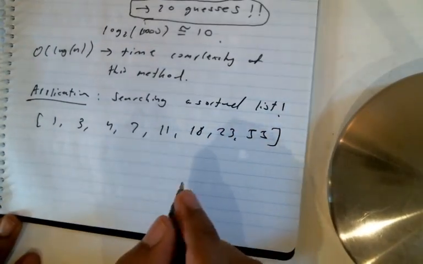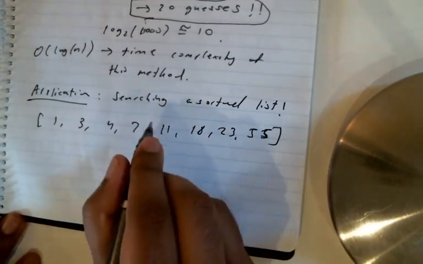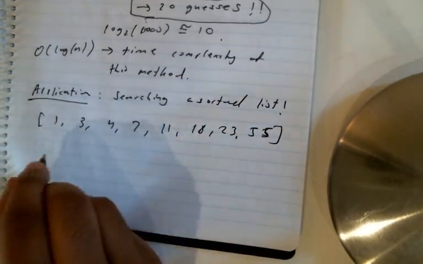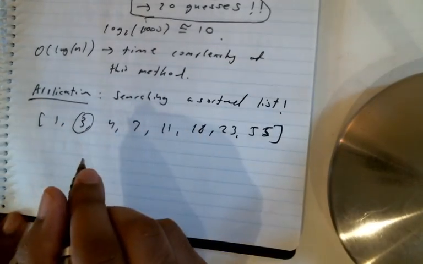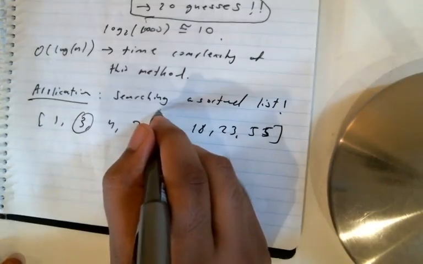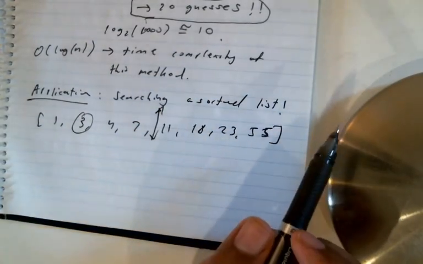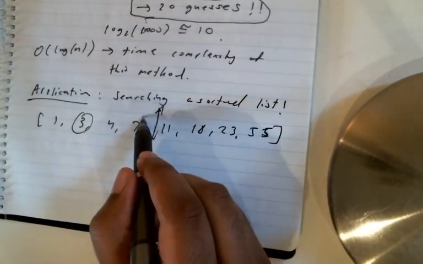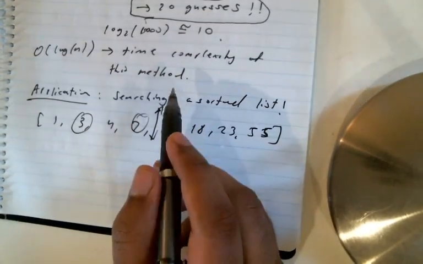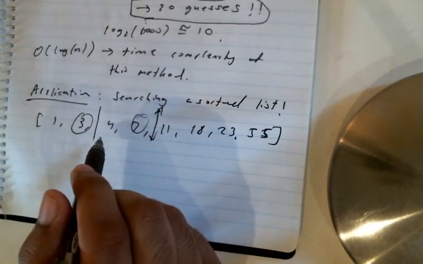This is a sorted list, and I want to search for a number. Let's say I want to search for 3. So what I do is I find the middle element. Let's say it's 7. Is 3 less than 7? Yes, it is. So we splice the list this way.